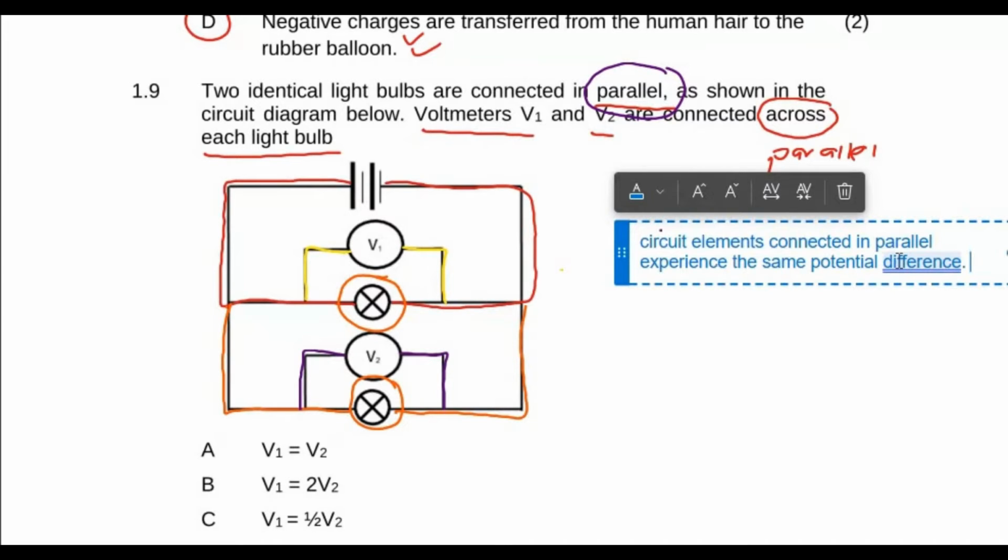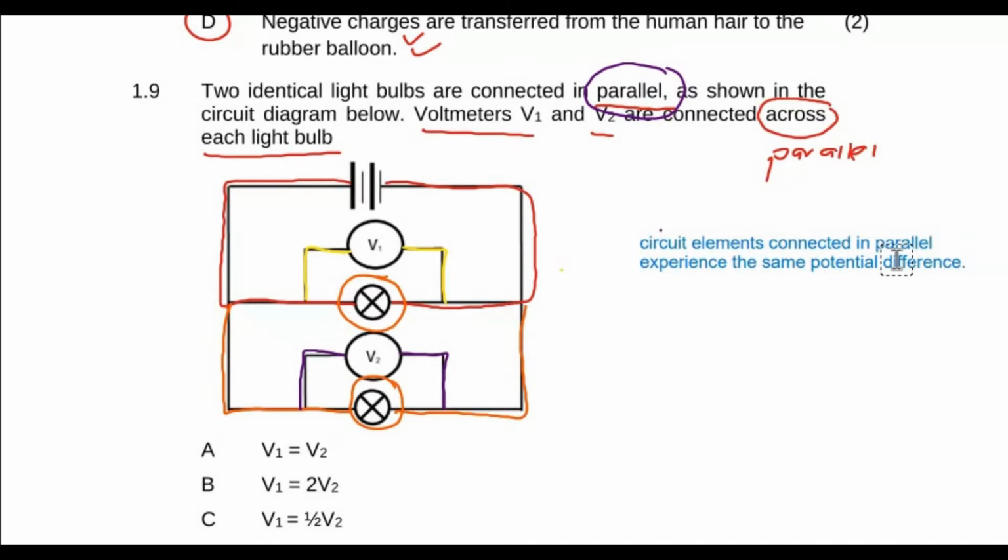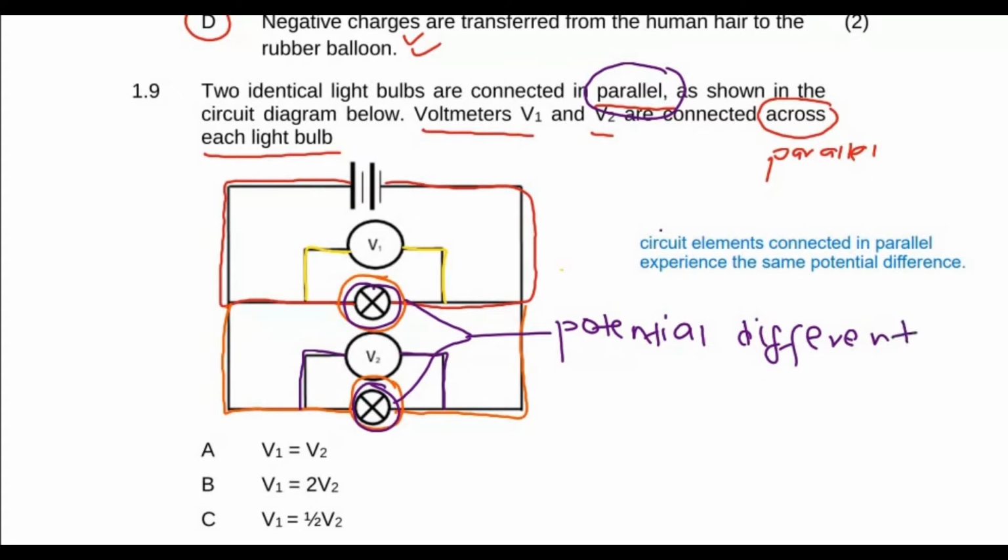What does that mean? It means that if this light bulb and this light bulb are connected in parallel, they will actually have the same potential difference, because circuit elements connected in parallel have the same potential difference.